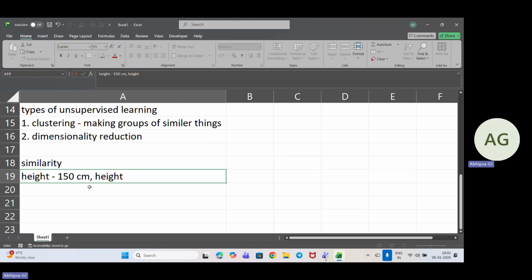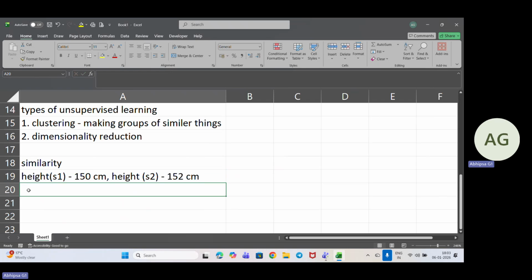The name of the student is S1, height 150 centimeters, and the height of another student, S2, is again suppose 152 centimeters. Okay, so you can understand the heights are very similar. Not much gap is there between them, right?